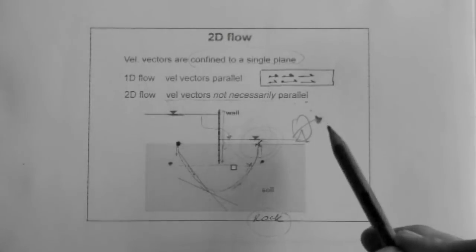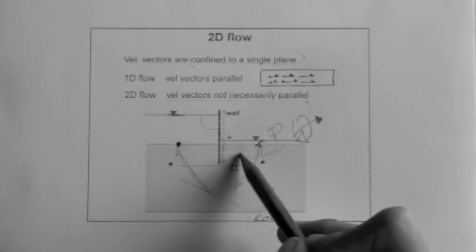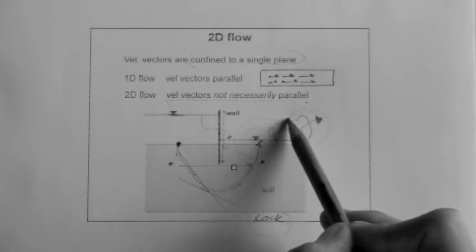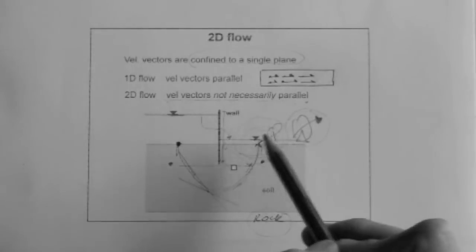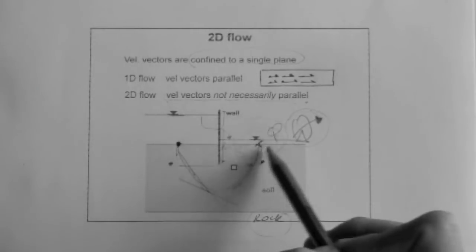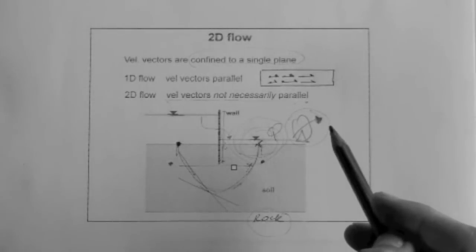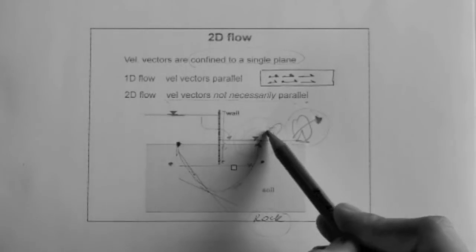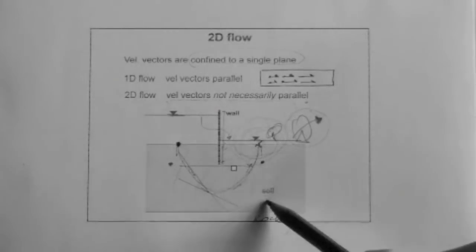So, knowing the Q coming into this area, you can then select the appropriate pump so that you can remove enough water to be able to have the equipment or the people working here. Now, it is important to realize that Q depends on the hydraulic conductivity of this soil.